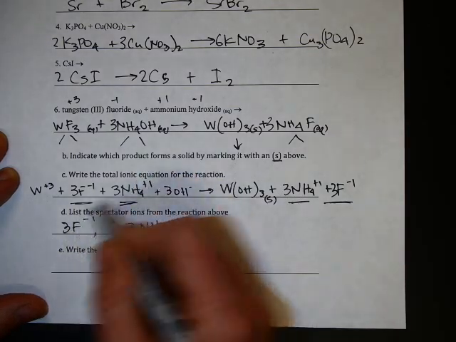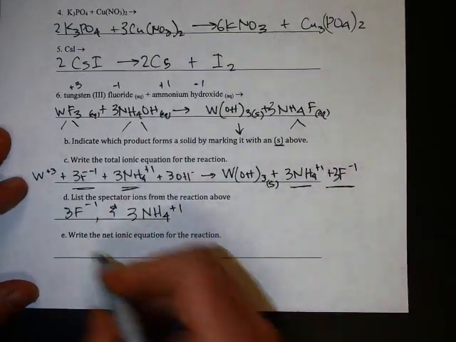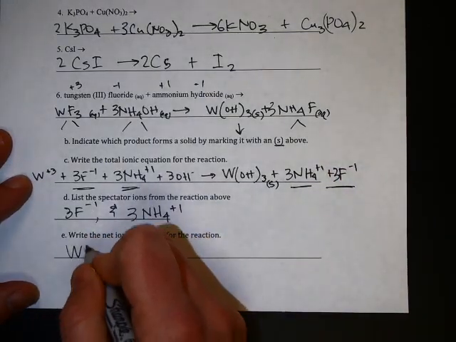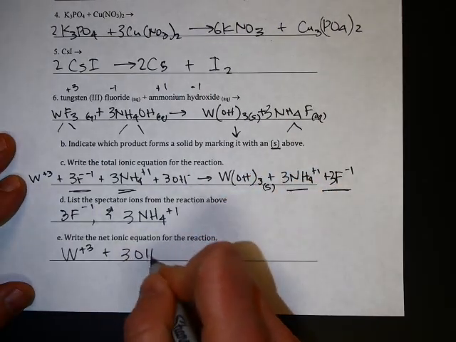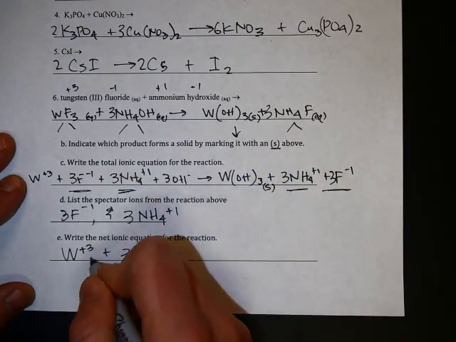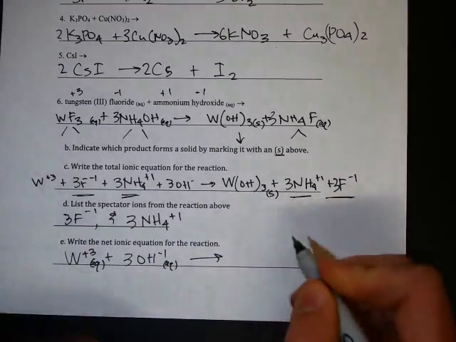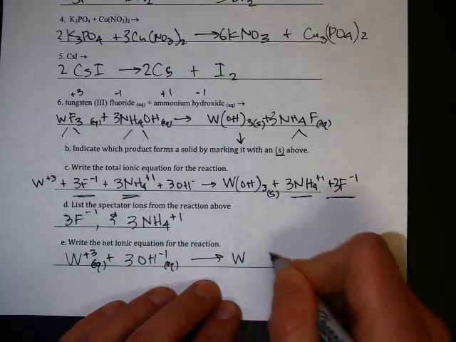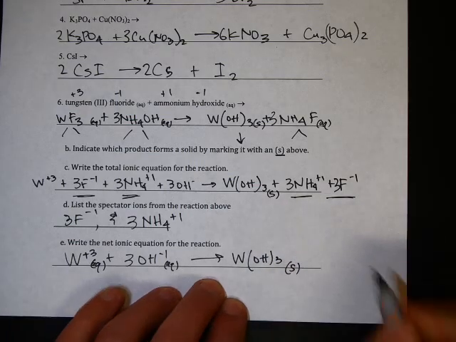And then if you cancel those out and get rid of them, what you have left is called the net ionic reaction. So what's left is W plus 3, and 3 hydroxides minus 1. Each of those are dissolved in water. And then you also get, as a product of solid, you keep that together too, W(OH)3, and write a little s there.